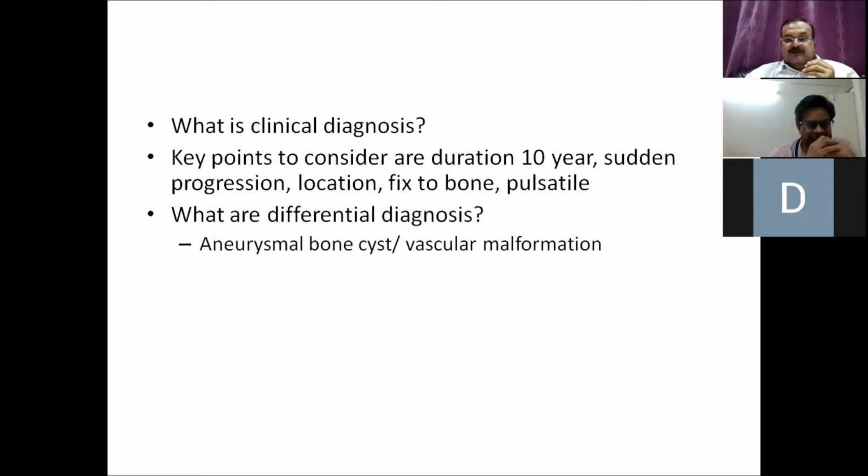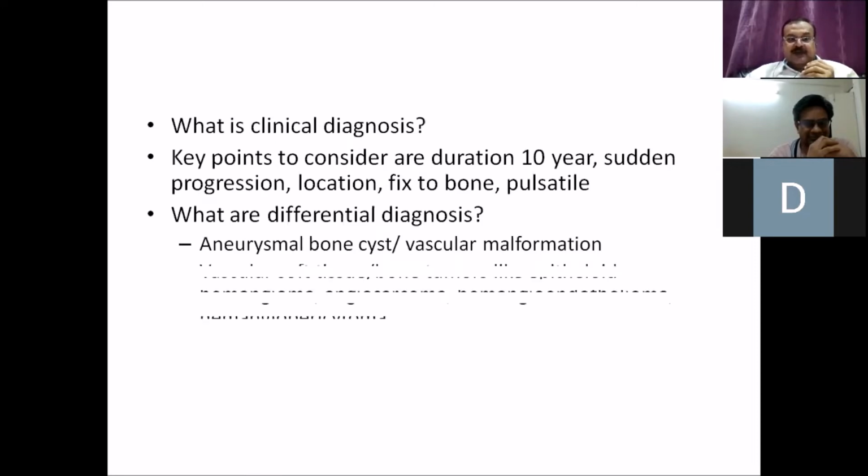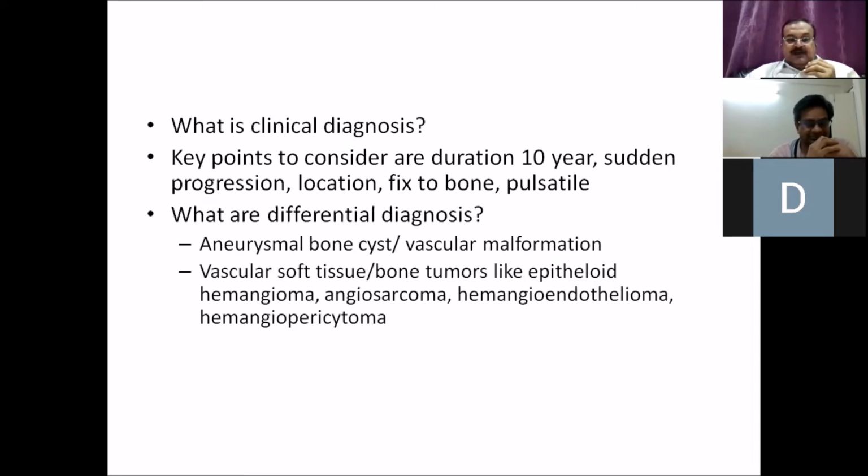And whenever you are talking of long duration swellings, you have to understand that most of these should be benign, or at least less malignant, or slow progressive malignant, if they are malignant. Then among the soft tissue tumors, the pulsatility is present in epithelioid hemangioma, angiosarcoma, hemangioendothelioma, and hemangiopericytoma.